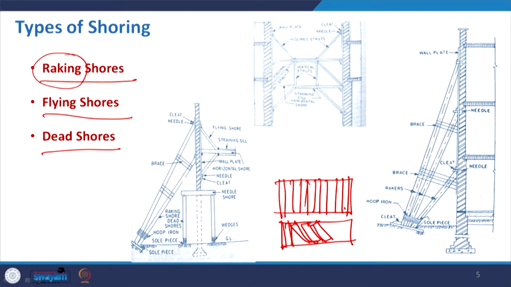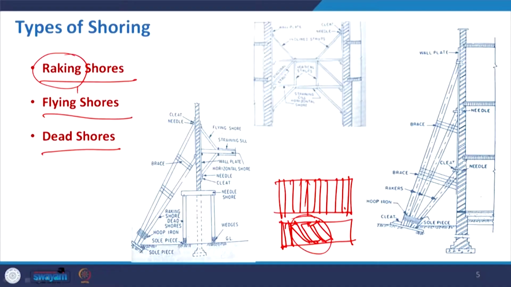This is basically the rack. Considering this kind of inclined stacking or racking, the racking shore is related to that. In a building, when a temporary structure is placed in an inclined form to support the building, this type of temporary structure is called a racking shore.